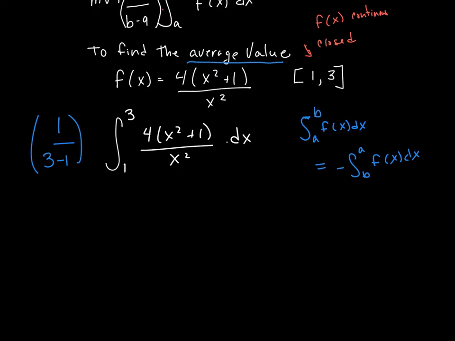So if I distribute this, this is just going to become 1/2 times the integral from 3 to 1 of 4x squared plus 4, and each of those goes underneath x squared.